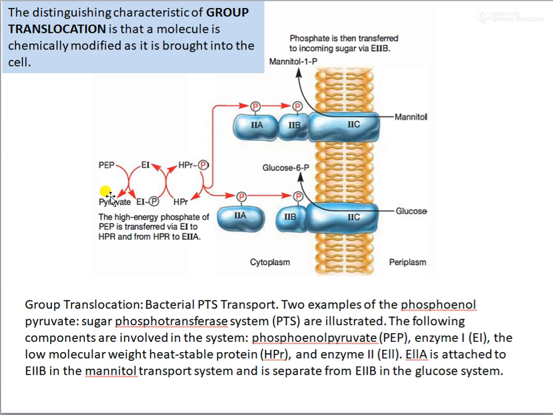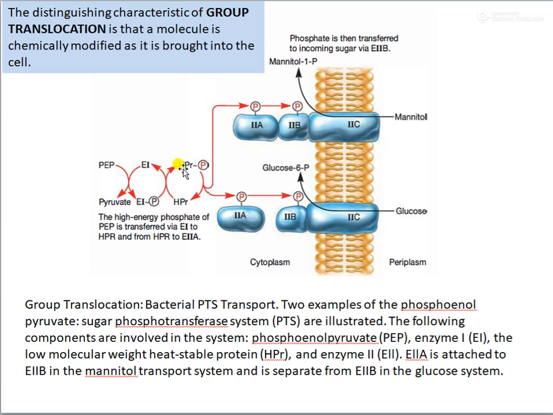Now here, in the case of group translocation, do remember the substance which is getting transferred gets modified as it is brought into the cell. Phosphoenolpyruvate is the substance that has to be broken down. It combines with another protein called E1, and it gets converted into pyruvate.